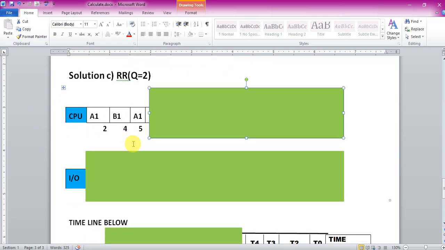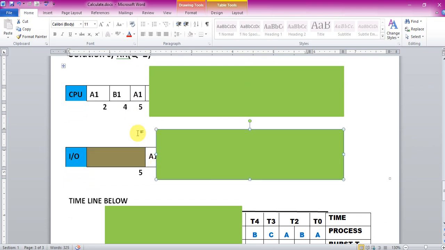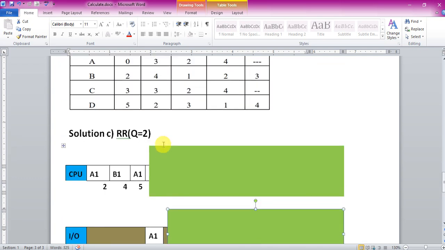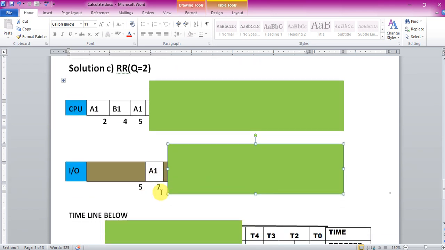The allowed quantum is 2 units, but A needs only 1 unit at this point, so after 5, it goes to the IO request, which is free at this time. The first IO request of A is 2 units, so from 5 to 7, A is in IO request.